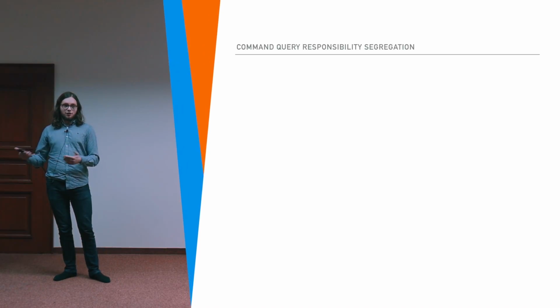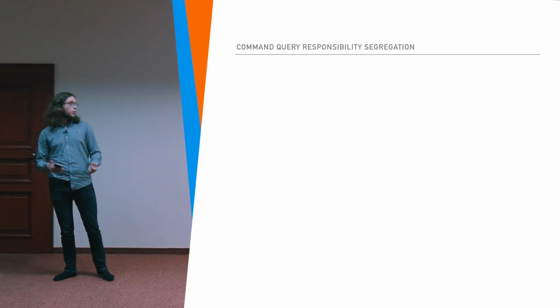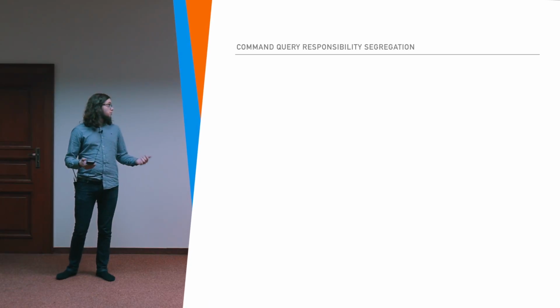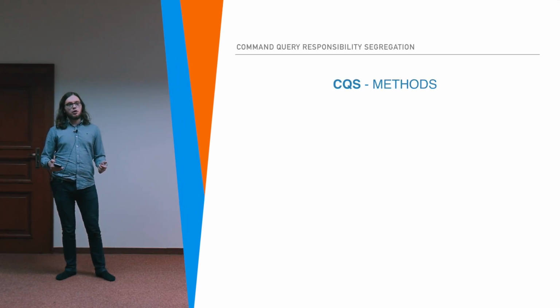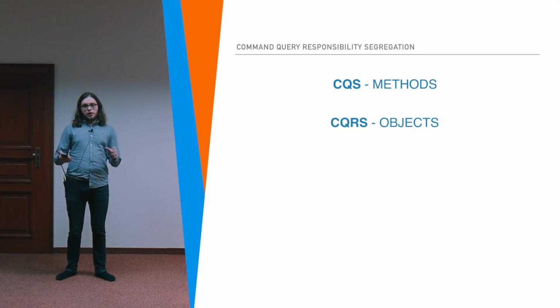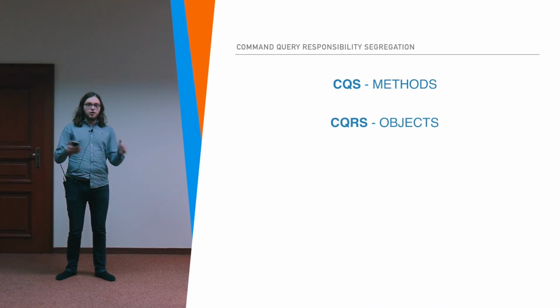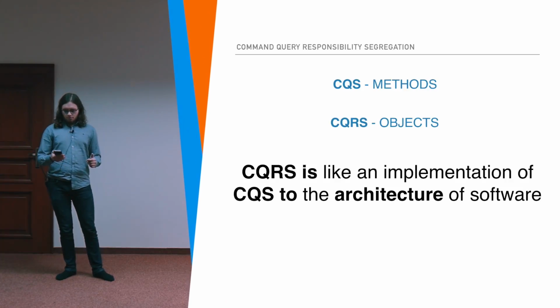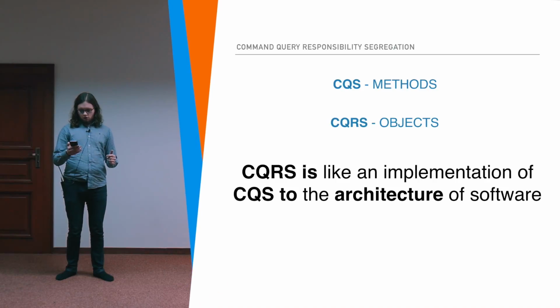So we can have classes that do only queries and only commands. So in other words, when we are speaking about CQS, we mean methods, and when we are speaking about CQRS, we mean objects. So CQRS is like applying CQS to the architecture of our software. So it's a higher level CQS.